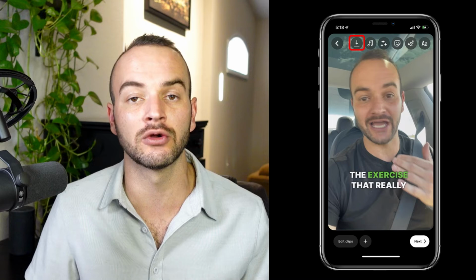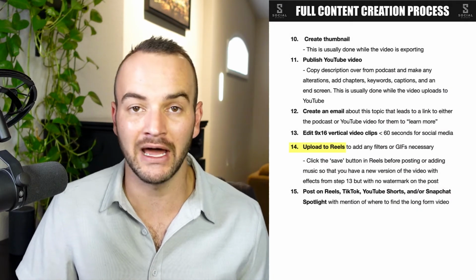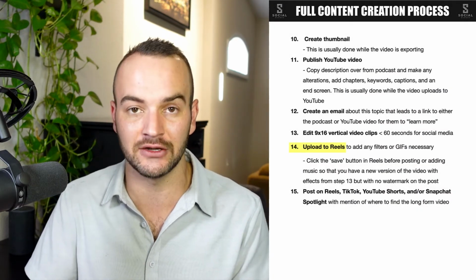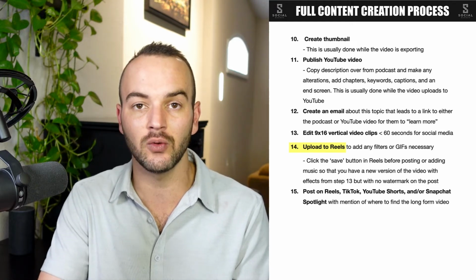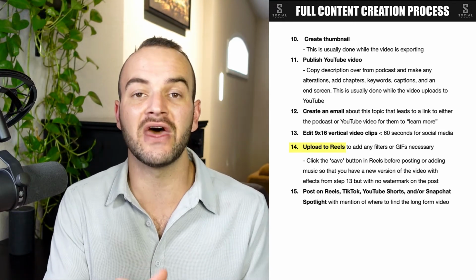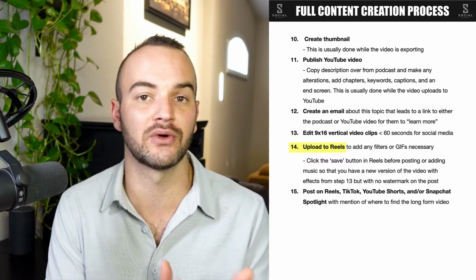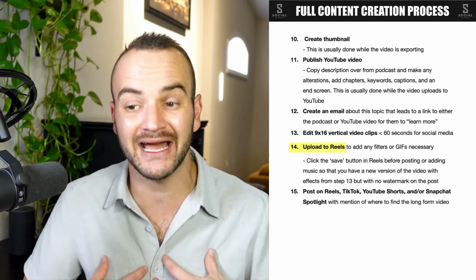If you add audio to it, it will save with no audio at all, whether it be the song or you talking. And if you publish it and then download it, it will be with a Reels watermark. So what I do is, once you edit it in Reels, if you just save the video without the music added, then you will get the max quality version with whatever filters and GIFs you want to apply. So that's why I go to Reels first, and that might pertain to a lot of you. As long as you understand the reasoning here, you can make the decision that's best for you.